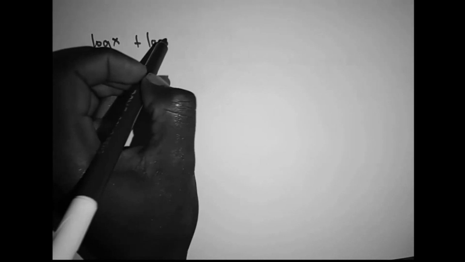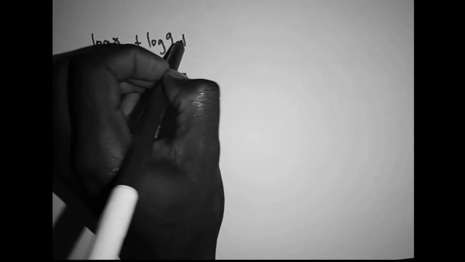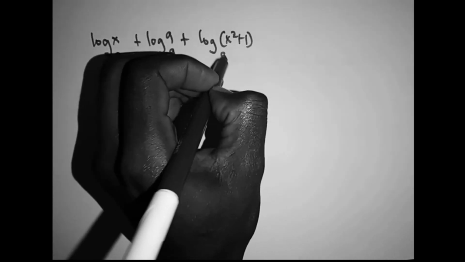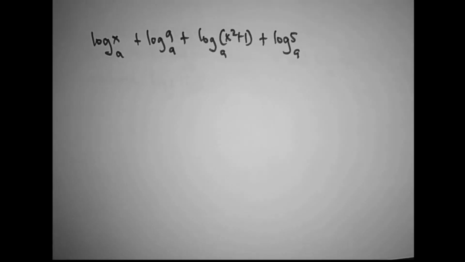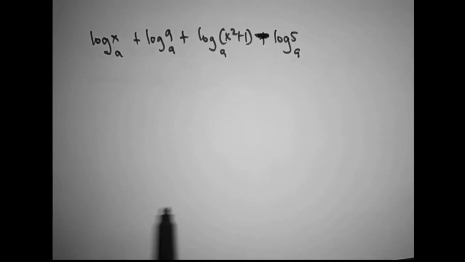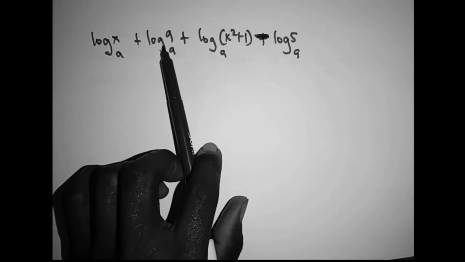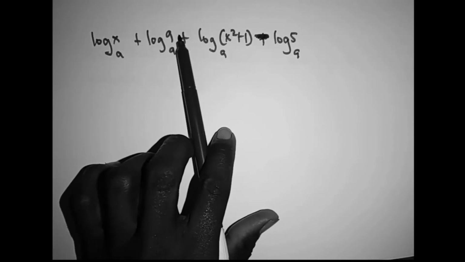So let's come to the b part. We were given log x base a plus log 9 base a plus log x squared plus 1 base a, then minus log 5 base a. Sorry, here is supposed to be minus log 5 base a. So since these are plus, they will multiply. We are going to multiply this and this.